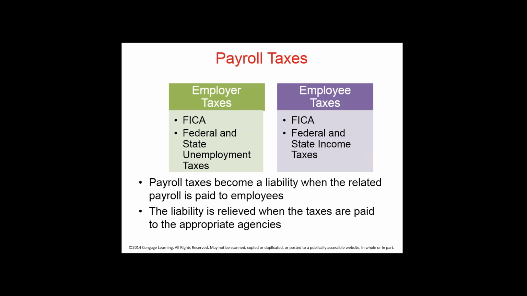That liability is reduced when we make those payments to whichever agency, IRS, PA Department of Revenue, etc. Some of those are due monthly, some are due even more often, some are due quarterly. But the liability is reduced when we make those payments. And again, I could go into a real long drawn out payroll lecture here, but you're probably bored enough without me doing that.